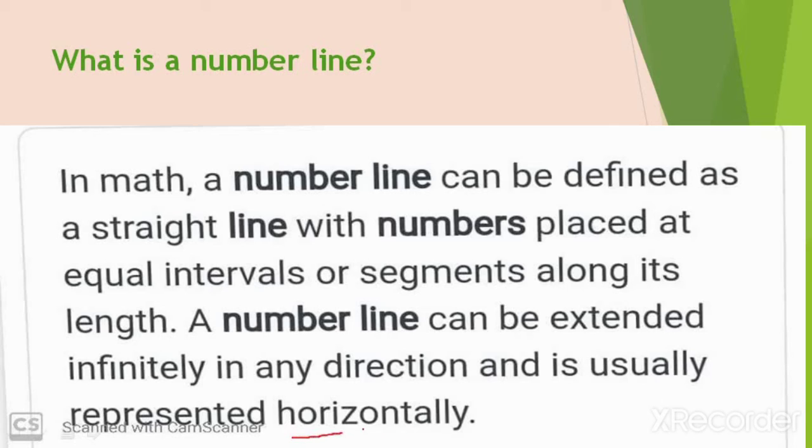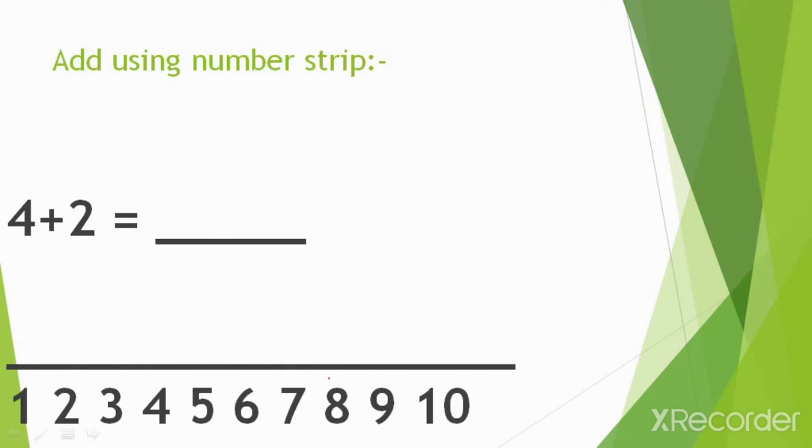Look, this horizontally. How a number line is horizontal? Means, let me explain. Look, this is number line. They're placed on numbers on a particular interval.